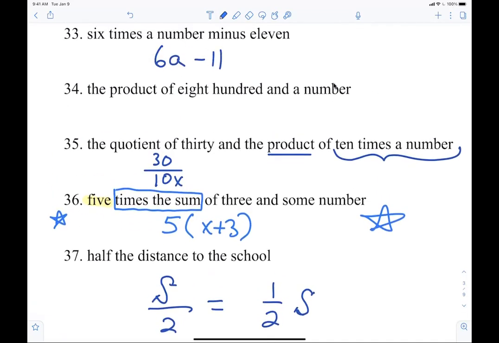All right. Nora, 34. To put the 800 and the number, so that would be, so 800. I'm just forgetting what it's out of. That's okay.